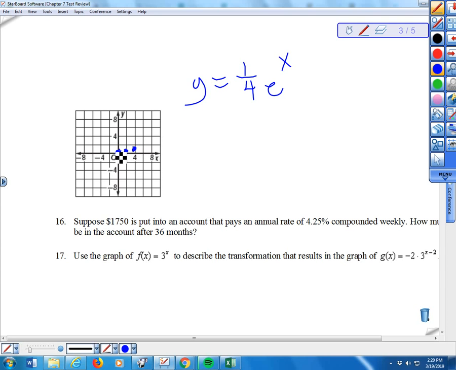So it's just going to gradually start getting bigger. It's going to slope less steep because of the 1/4. If it was greater than 1, it would be steeper than e to the x, but since it's less than 1, it's going to be a 1/4 as steep as e to the x. Okay.